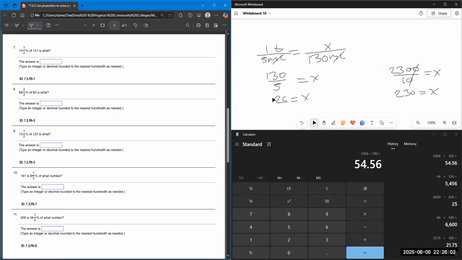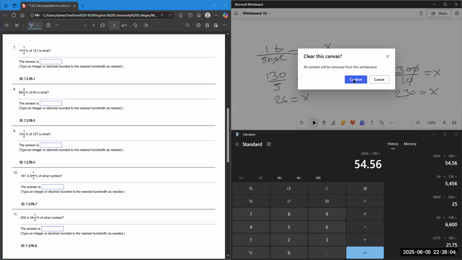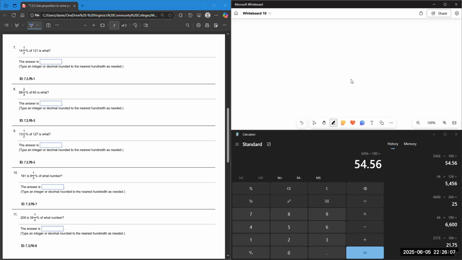Number 7. 14.5% of 121 is what? So 121 times 14.5, x is equal to 1754.5 divided by 100.